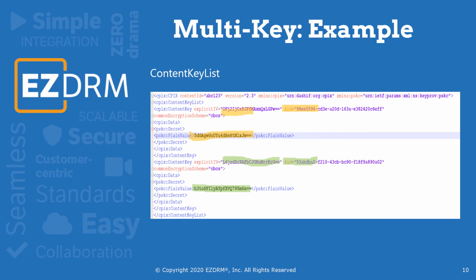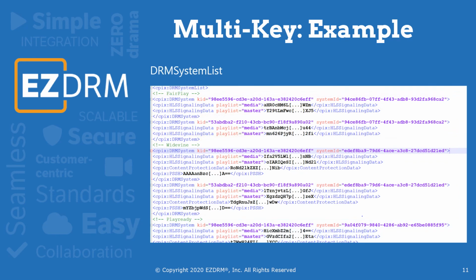And that gets followed by the last part, which is the DRM systems. So the DRM system list is basically saying, for FairPlay, Widevine, and PlayReady, here is the additional information that the manifest needs to help trigger the player to make the proper DRM call.